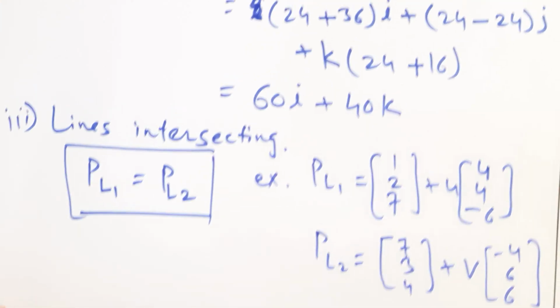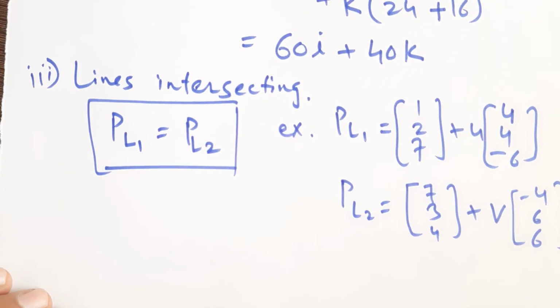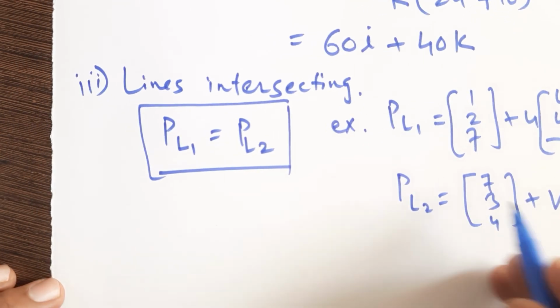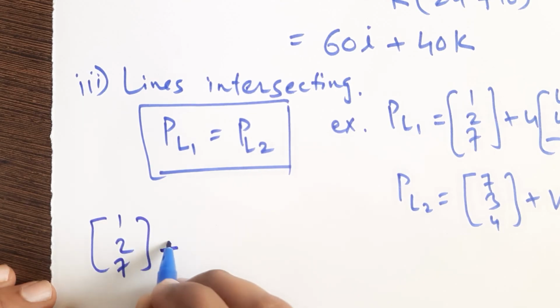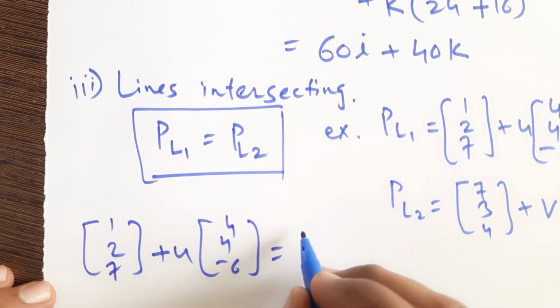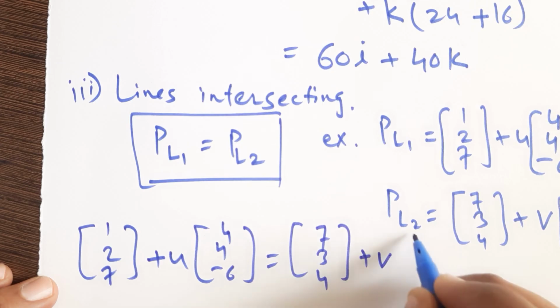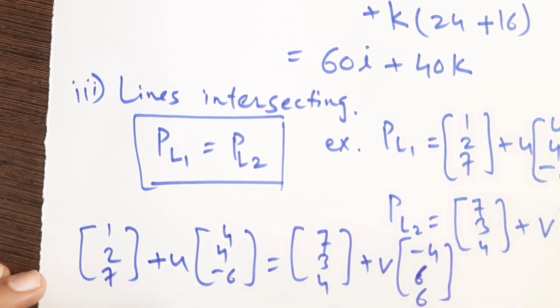At the point of intersection the lines should satisfy equation 1 and equation 2, so both should be equal. So 1, 2, 7 plus u times 4, 4, minus 6 is equal to 7, 3, 4 plus v times minus 4, 6, 6.